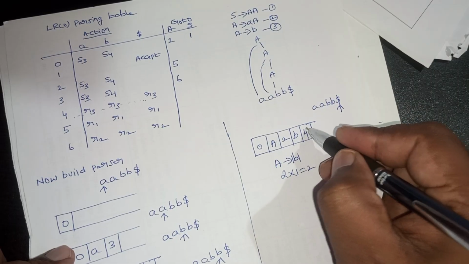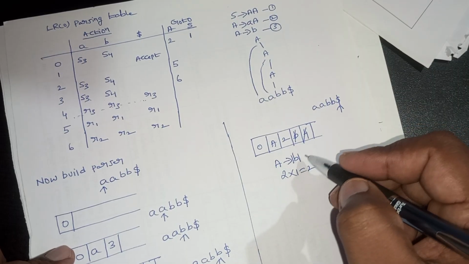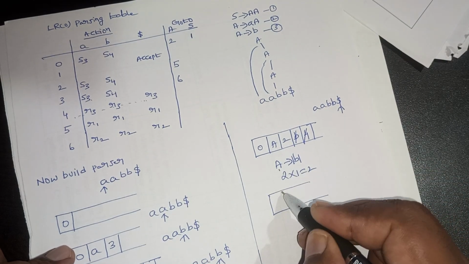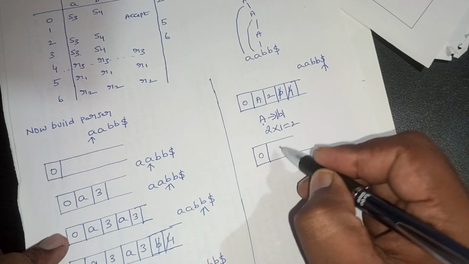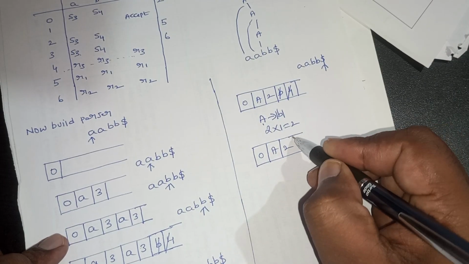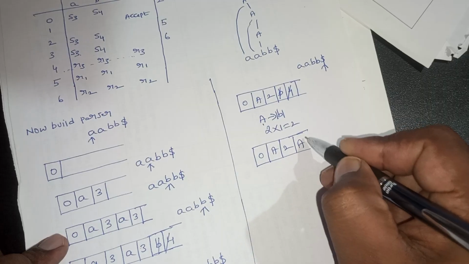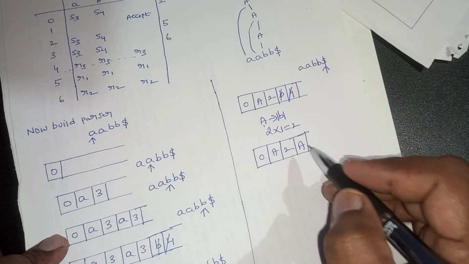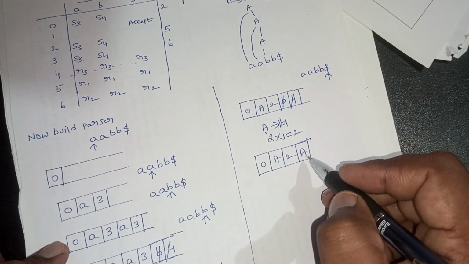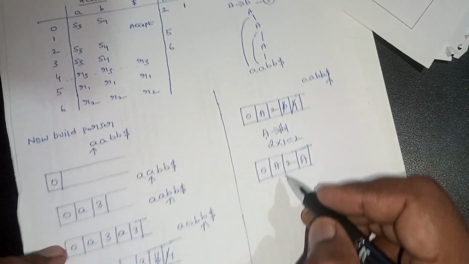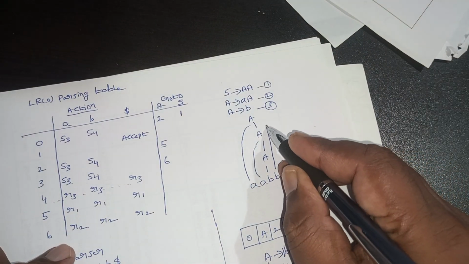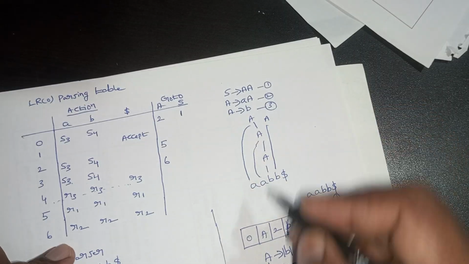Pop two symbols, 1, 2. Push A into the stack: 0 A 2 A. Then reduce this B to the A.